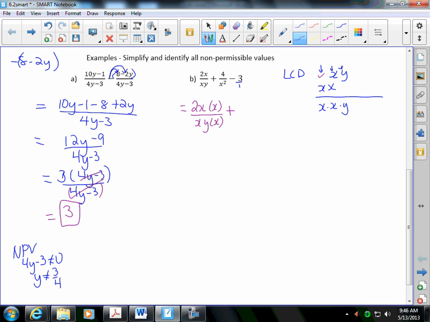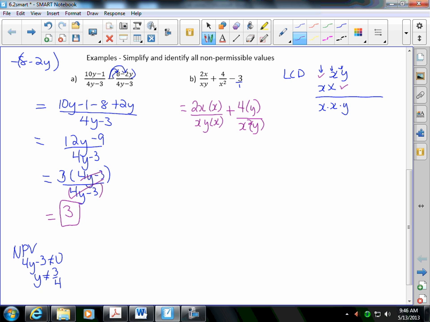So if I look at my x squared one, this one has an x and an x. What is it missing? A y. So that means I'm going to have to take and multiply a y. So this one was missing the y. Because you have to line up the ones that are the same together.